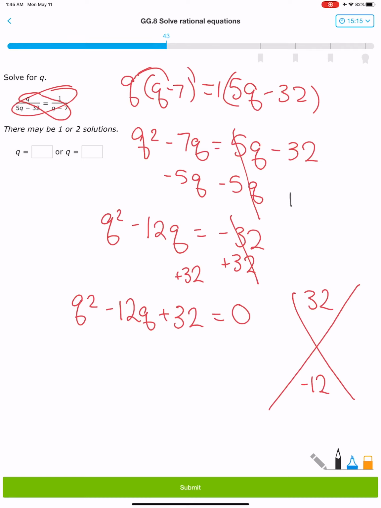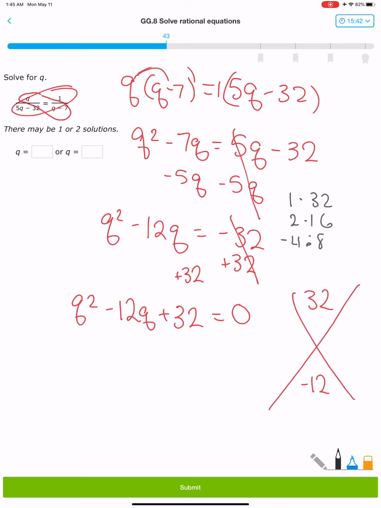So 1 times 32, that doesn't work. 2 times 16, that doesn't work. 3 doesn't go into 32.